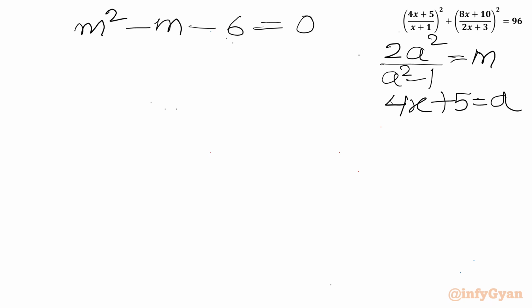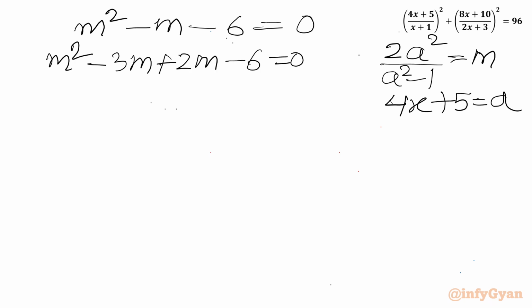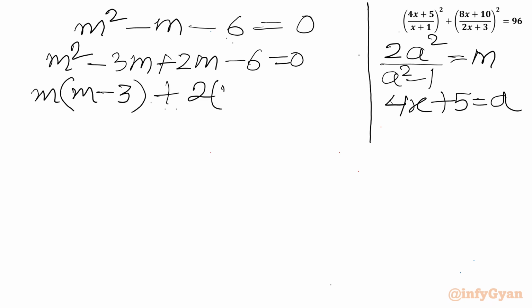Now we have to solve this quadratic equation. So I can use method of factorization. So m square minus m, I can write minus 3m plus 2m minus 6 equal to 0. Or I can write m is common in the bracket, we will get m minus 3. 2 is common here. In the bracket, we will get m minus 3. RHS will be writing 0.